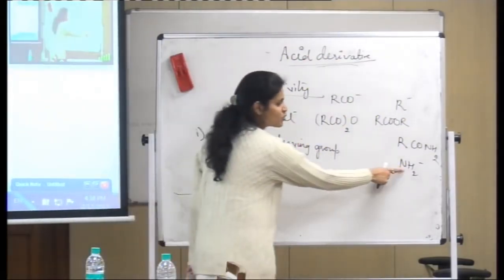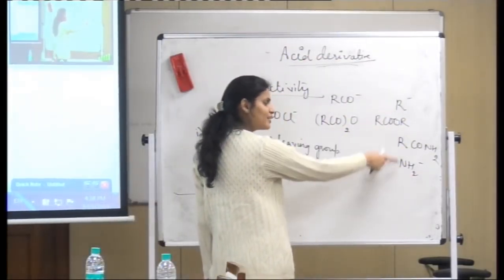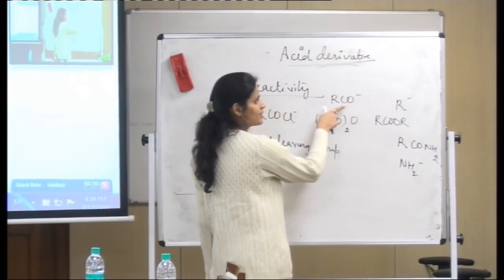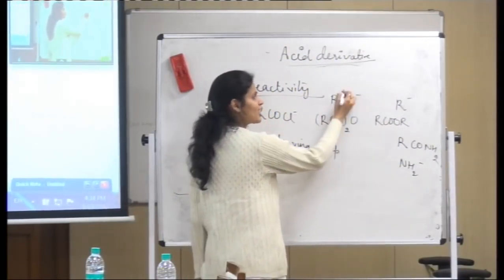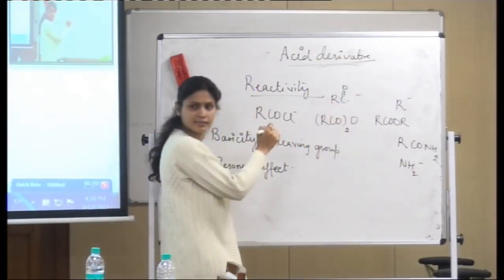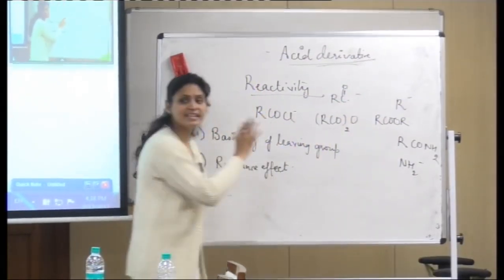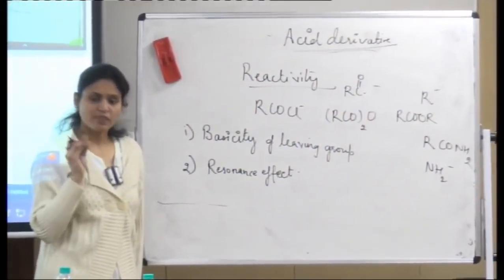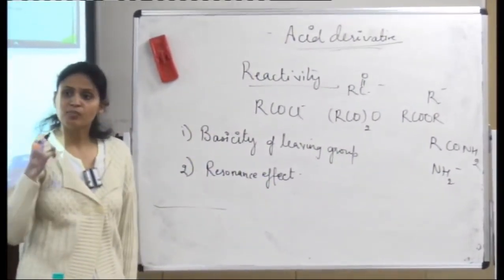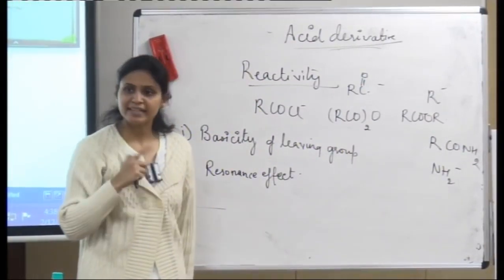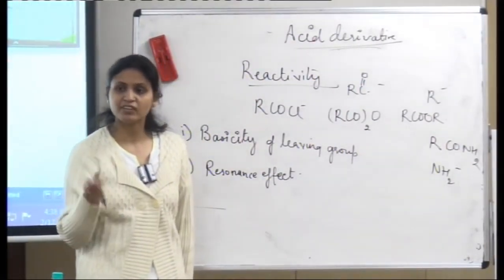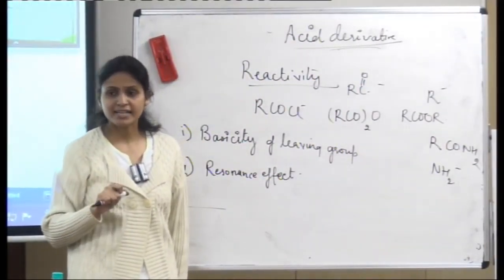Obviously, this is the most basic group. This one is less basic, and this is less basic than that because it has a carbonyl group with it, right? And Cl minus is the least basic group. So whenever the leaving group is more basic, in that case the acid reactivity would be highest or lowest?